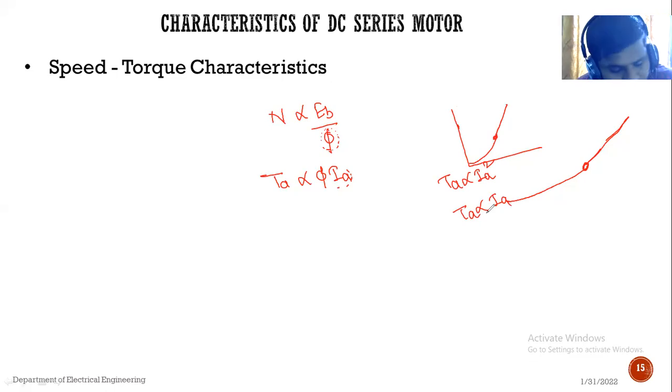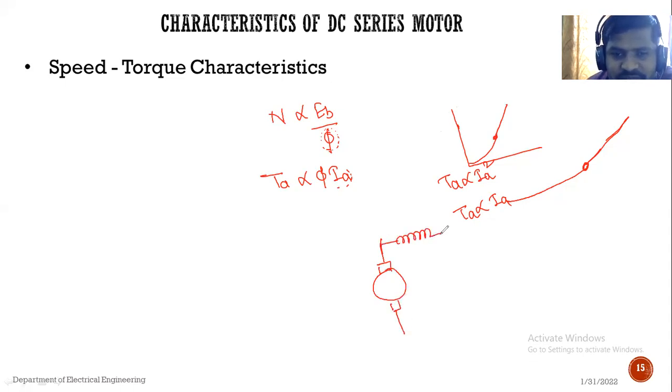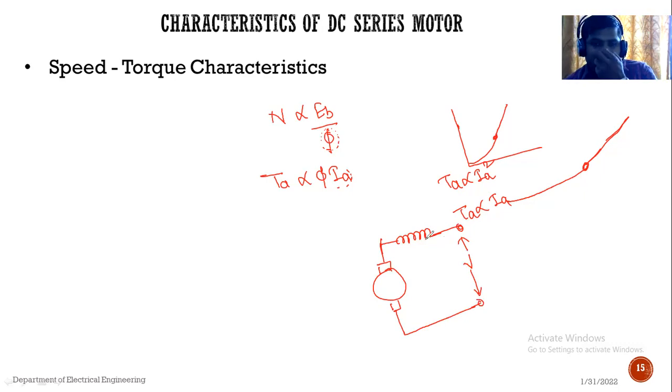In the case of the DC series motor, I will draw a diagram. Suppose this one is the armature of the DC motor, this one is the field winding of the DC motor, and here the supply is provided.